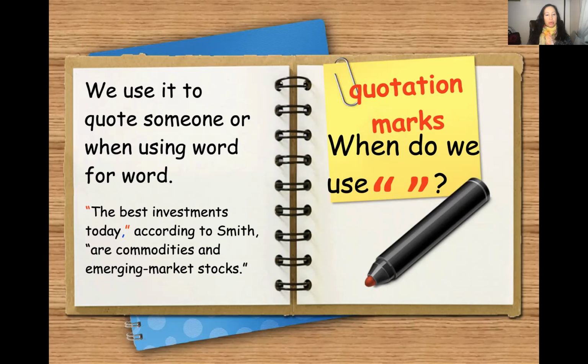This is why we use quotation marks. And you notice the comma is before the quotation mark after the word today. You noticing this? Because we have to complete it. You notice the period after stocks and then the quotation mark? You're starting to get the hang of it now.